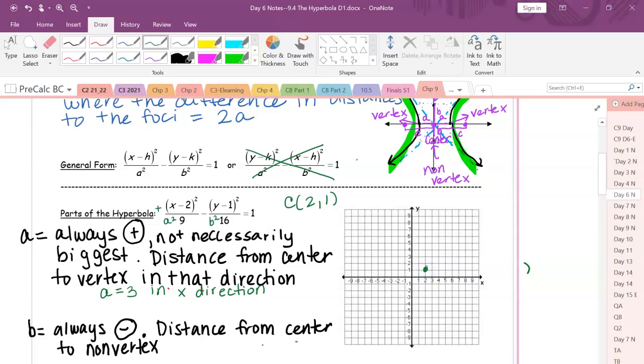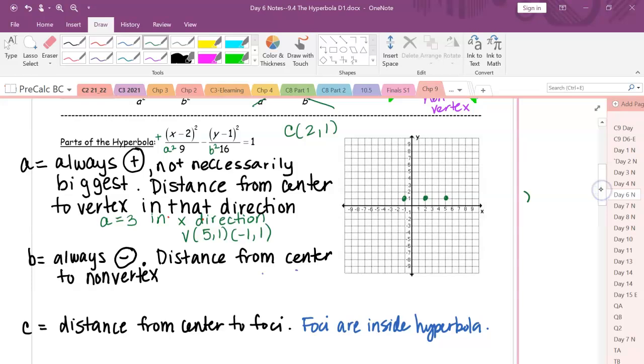And then you're going to count 3 to the right and 3 to the left. And these are going to be your vertices. So I have a vertex at 5, 1 and at negative 1, 1. Your a value gives you your vertices.